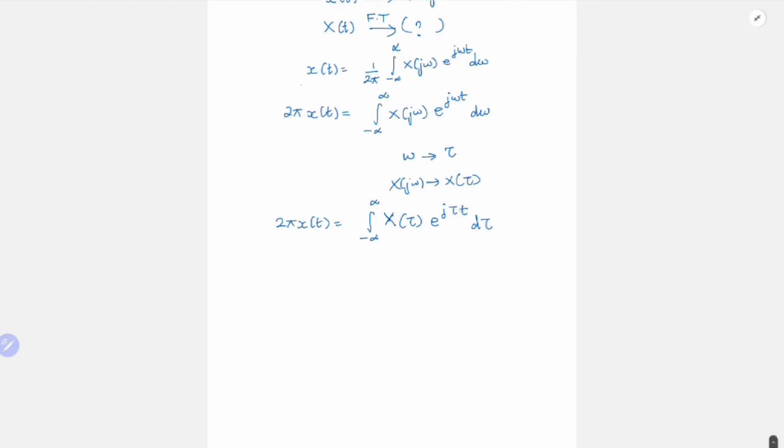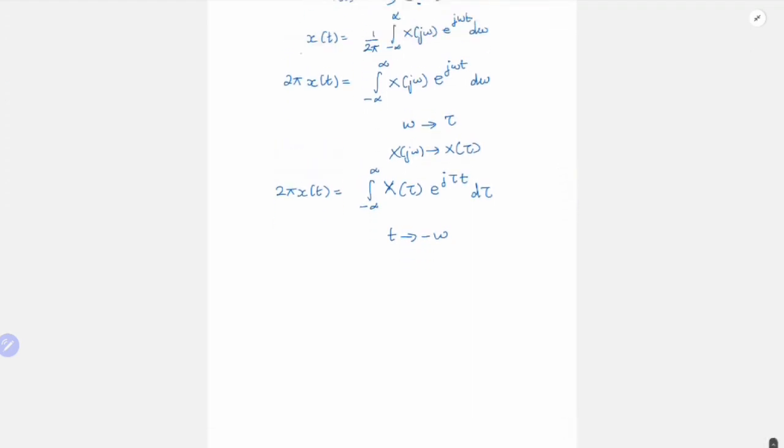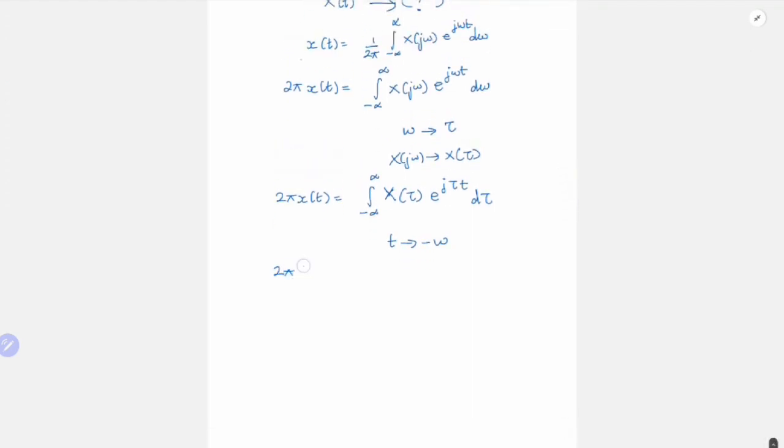And I also need to change this t to minus omega such that this right hand side becomes like a Fourier transform equation. So if I do that, then I have 2π x of minus omega is nothing but the integral from minus infinity to infinity of X(τ) e^{-jωτ} dτ. I'm just flipping it.